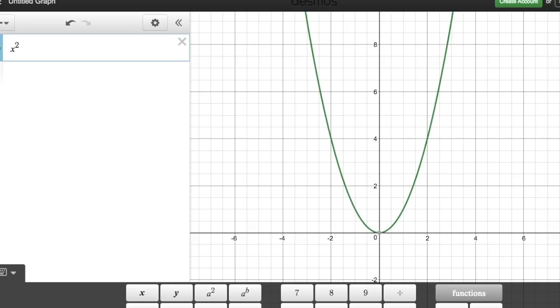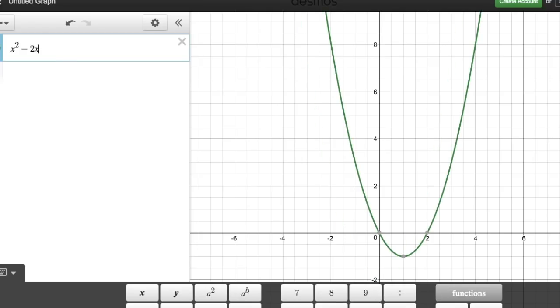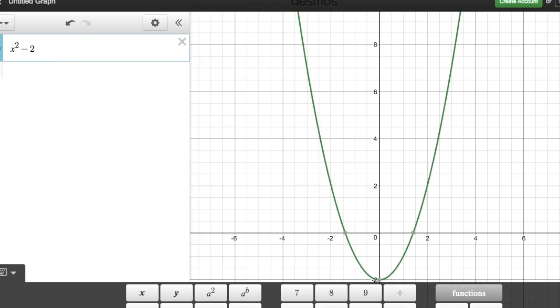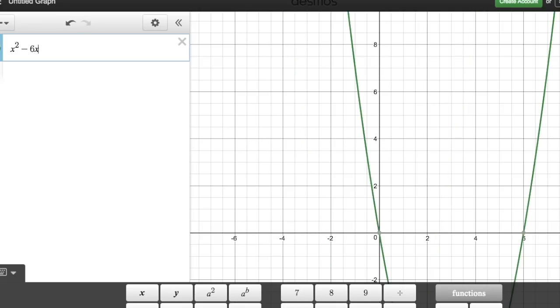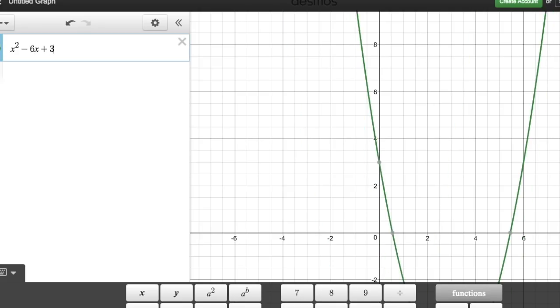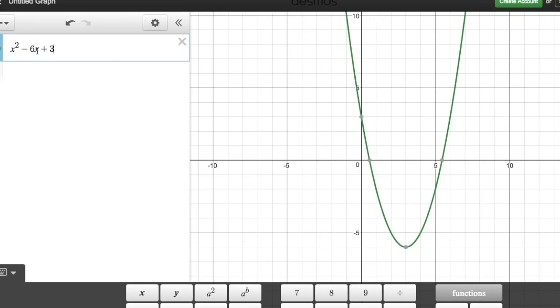So x squared, if I change the x value to a negative, x squared won't change. But if I have an x term, let's say 2x, actually change it to 6x plus 3, it will change that term in the middle from a minus to a plus.